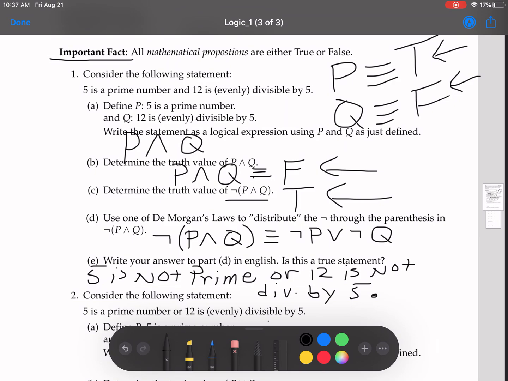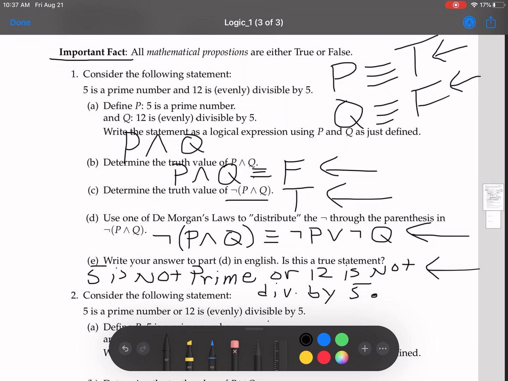So what does that mean? Well, now using the symbols, we can push the negation through to get not P or not Q. And now we can turn that back into plain language and see what this means.